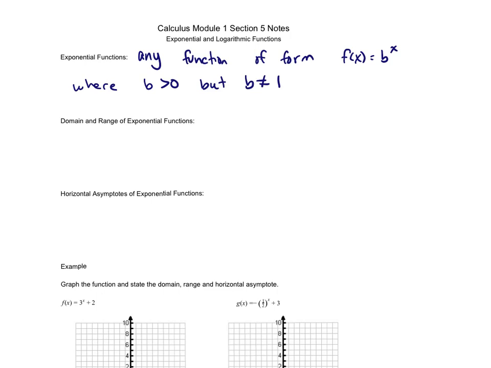So let's go ahead and look at a couple other things about these functions. They have a specific domain and range. The domain of every exponential function is going to be negative infinity to infinity. And the range is generally going to be from 0 to infinity, unless you move the function.